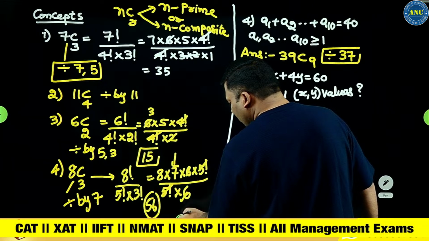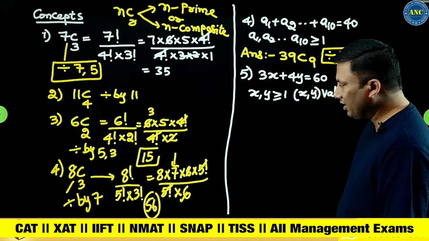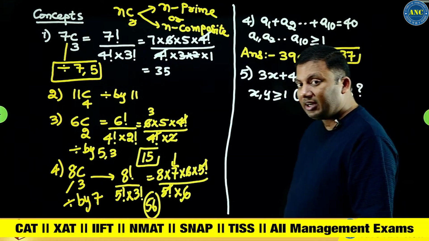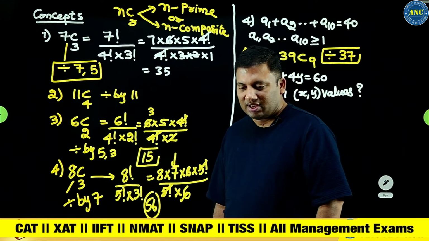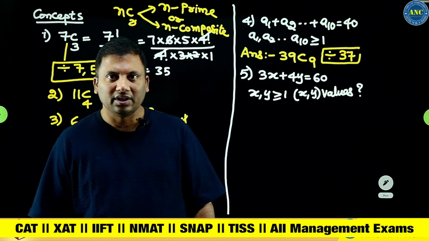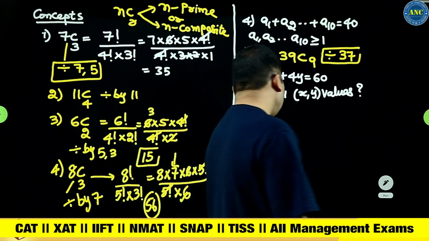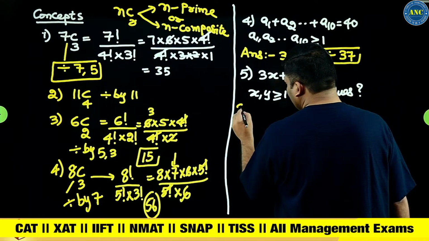How many values will x, y take? Listen carefully. This problem we did in the linear equations, integral solutions method. Now we will do it in a different method. Listen carefully, there is a catch in the question.